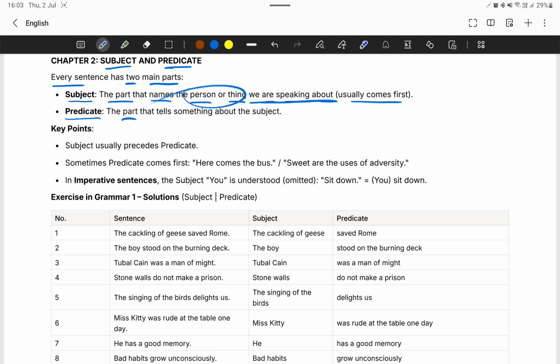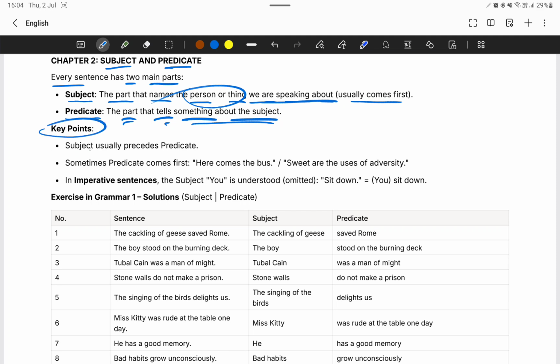The predicate is the part of the sentence that tells something about the subject. When we are speaking about a person or thing, it is the subject. But the part of the sentence that tells something about the subject is called the predicate.